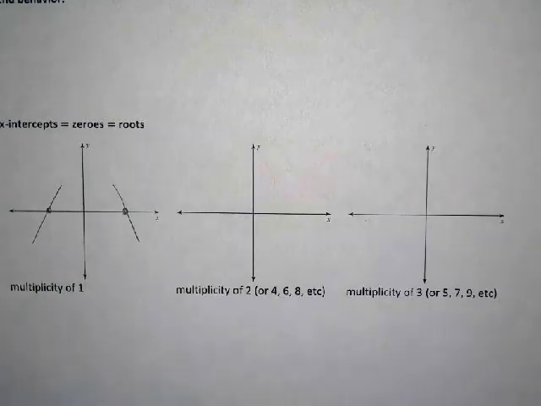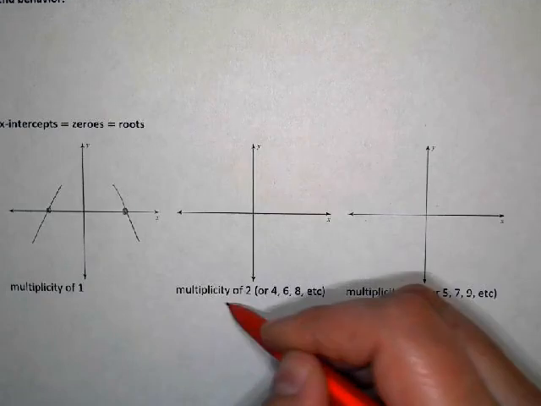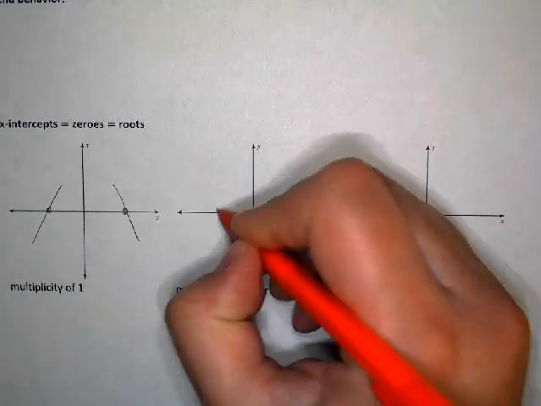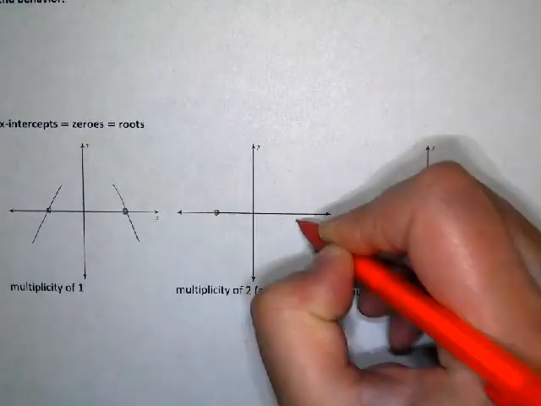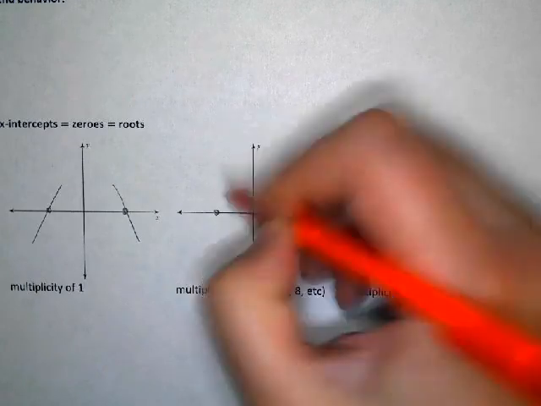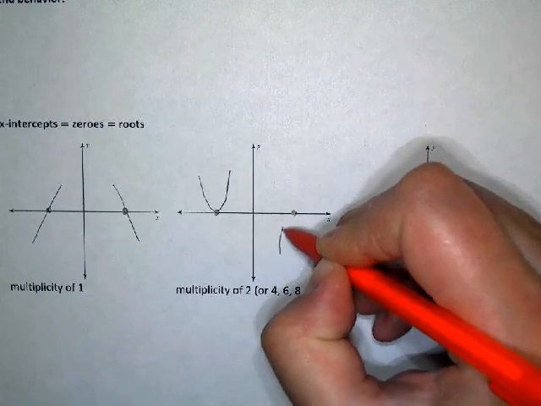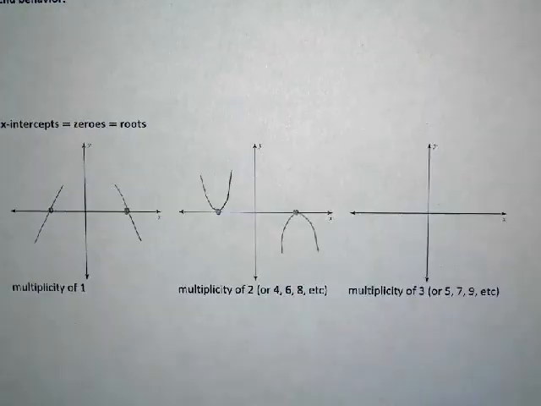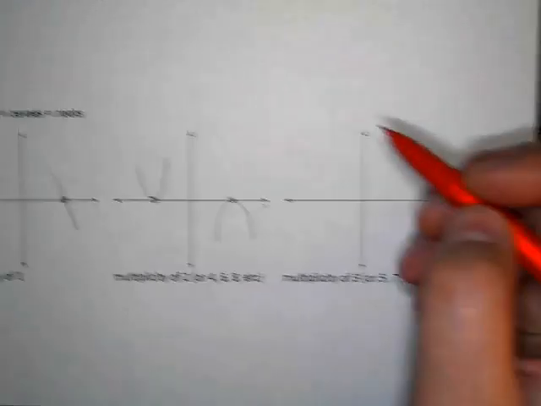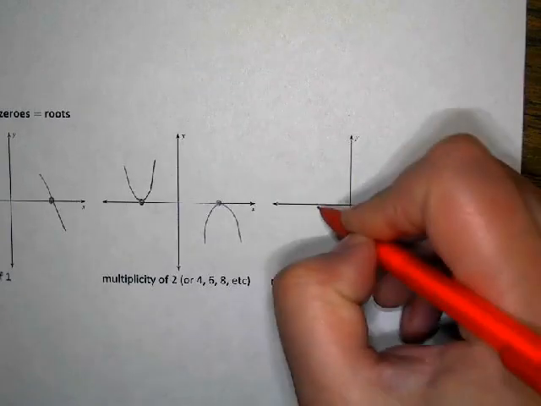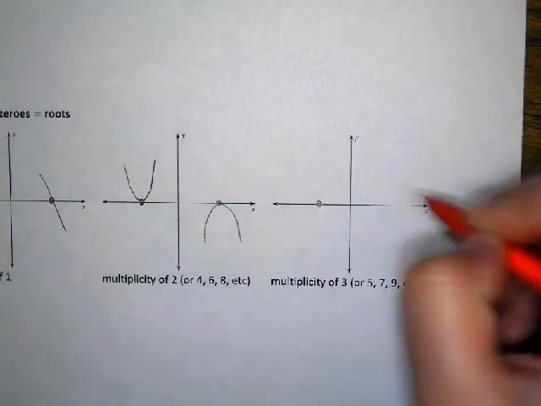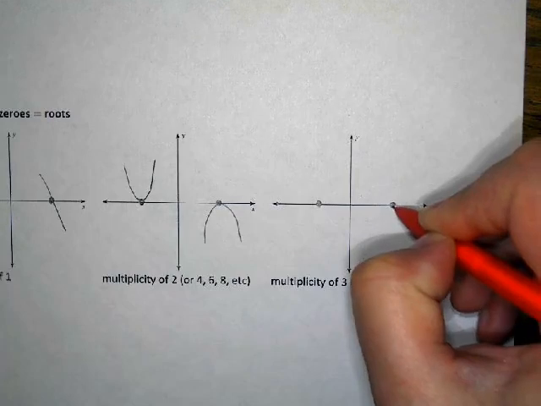If you guys remember what it looks like when you have a multiplicity of 2, you would have an x-intercept, and it would bounce off that x-intercept. That's what a multiplicity of 2 looks like. For a multiplicity of 3, at that x-intercept, it kind of squiggles as it goes through.